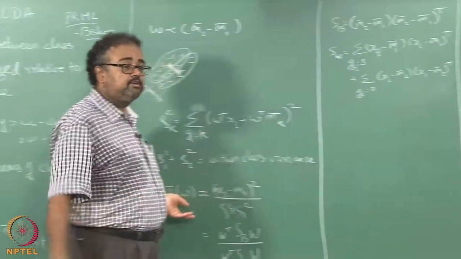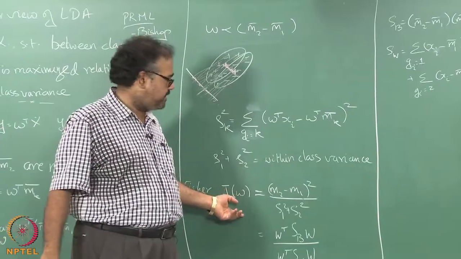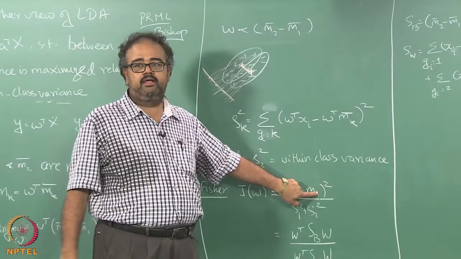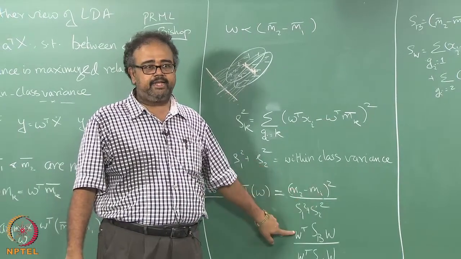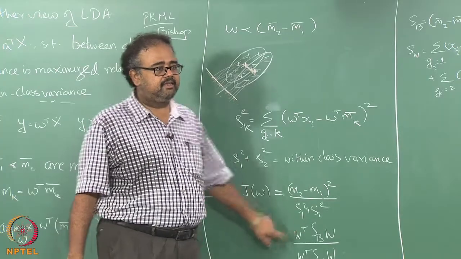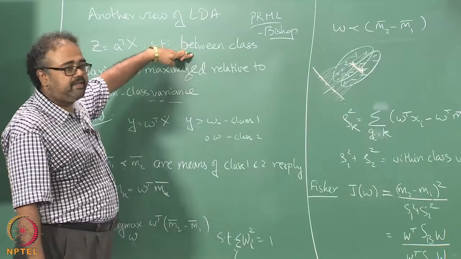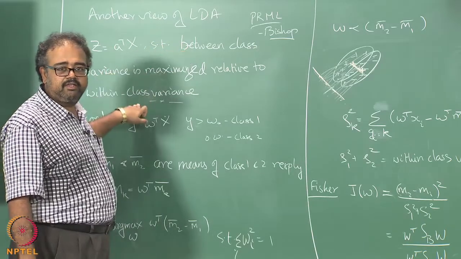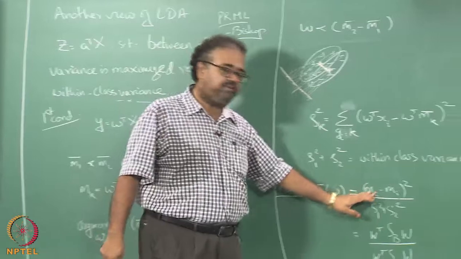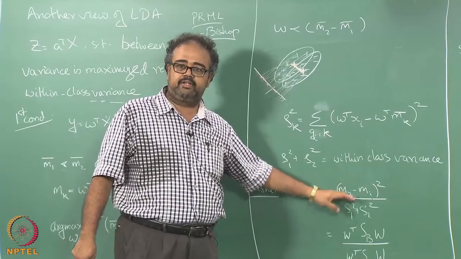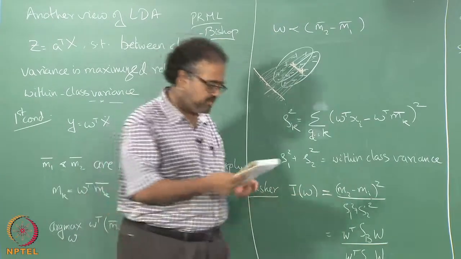So now what we want to do, we want to maximize the between class variance relative to the within class variance, that is what we said, right. Between class variance is maximized relative to the within class variance. So I have to take the ratio between class variance over within class variance, and now I am maximizing this ratio.